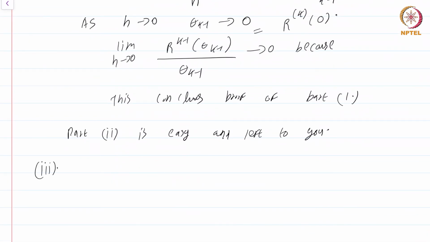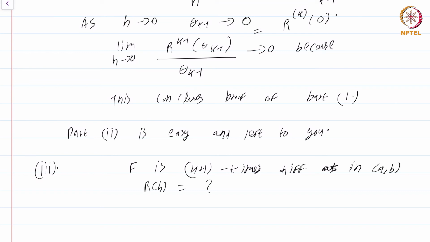In this part, let me recall, we are assuming that f is k plus 1 times differentiable in AB. And we want to get an explicit form for R of h. Explicit form we want.